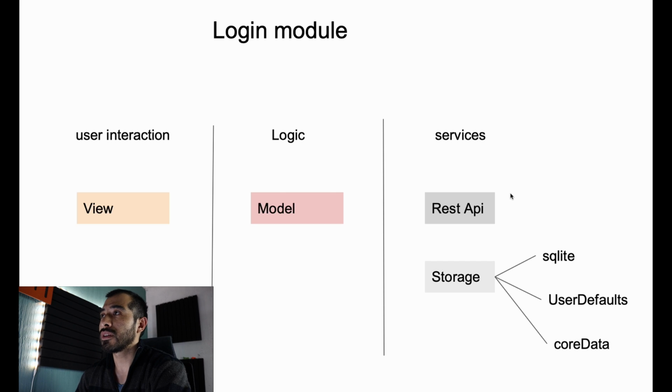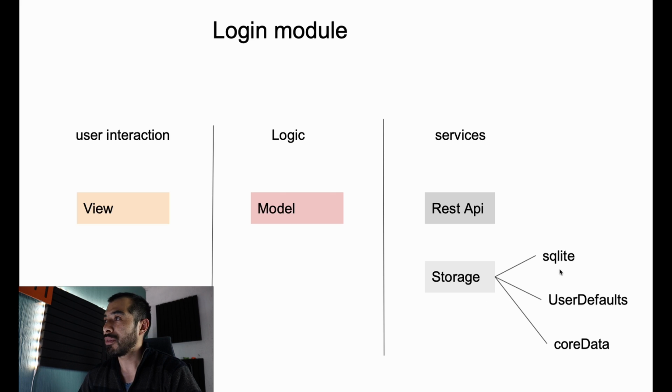I have 2 services in this module. The first one is the REST API, and the second one is the storage. I'm gonna use the storage to show you the benefits of dependency injection. Dependency injection allows me to have different implementations of my storage, and also allows me to change the implementation of my storage easily without breaking my code.